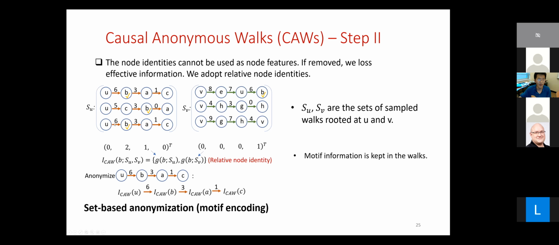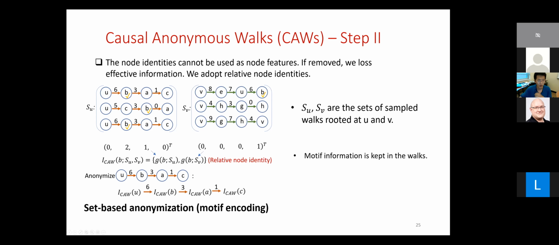How can we do that? In this sampled random walk, at the second place, B appears 2 times. At the third place, B appears a single time. So this gives us the vector 0, 2, 1, 0. In this set, B only appears at the last step, only once, so this vector is 0, 0, 0, 1. Then we combine them together, and this will be the relative node identity for the node B.